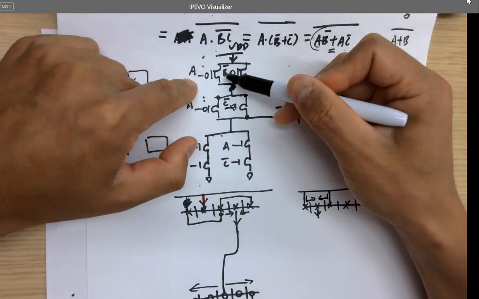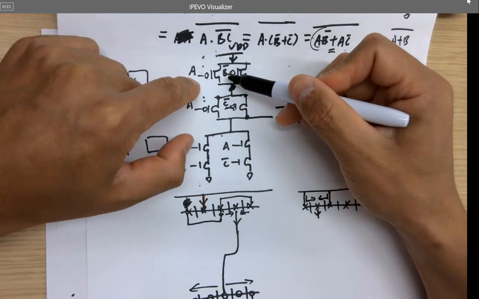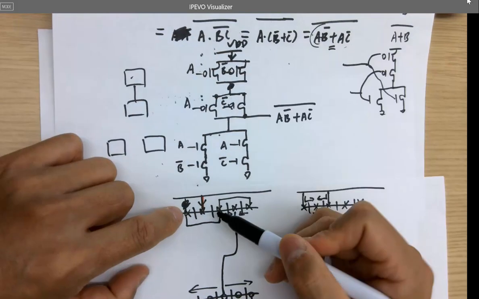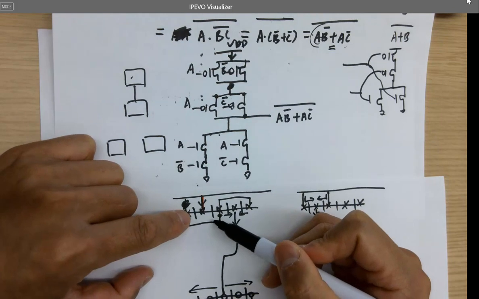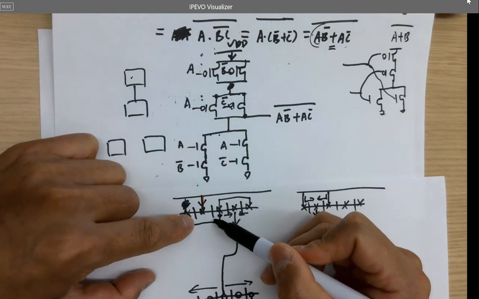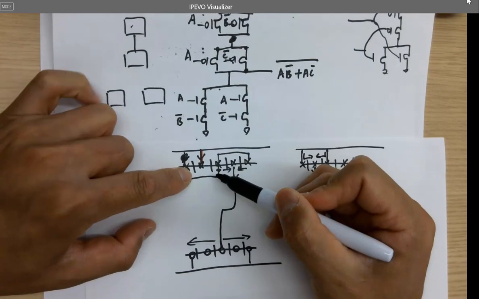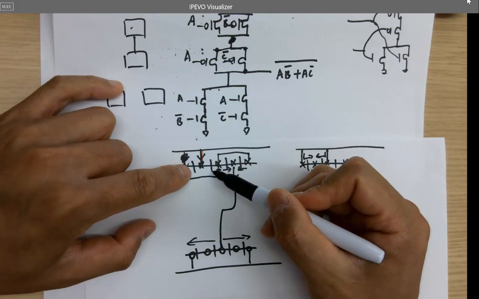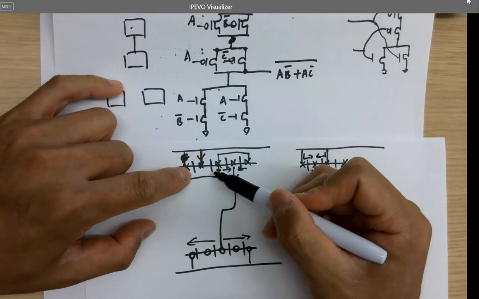So A and B naught, they are equivalent. These two transistors are interchangeable. So it doesn't have to be like this is A, this is B naught, or this is B naught, this is A. They are interchangeable. But you prefer which one to be A, which one to be B naught, and why?